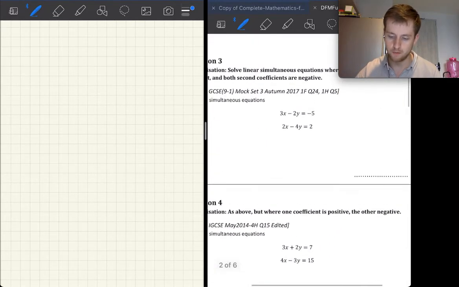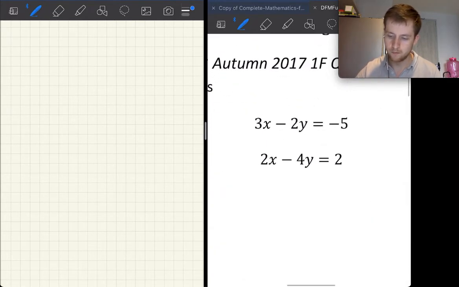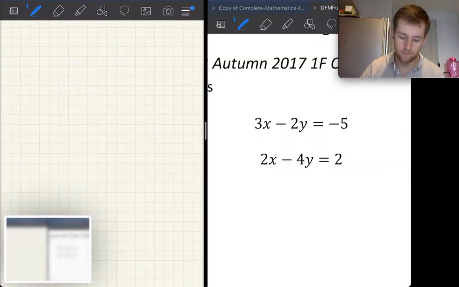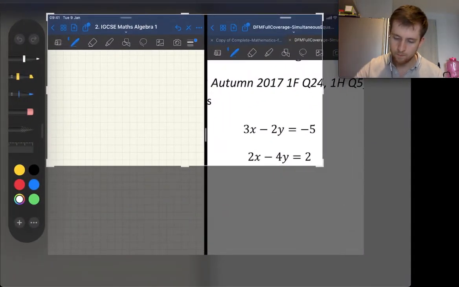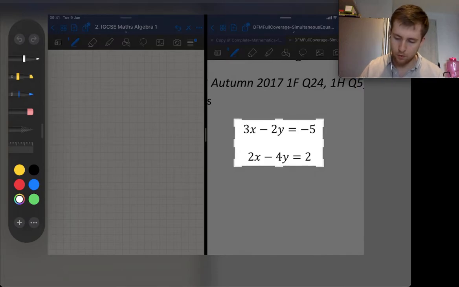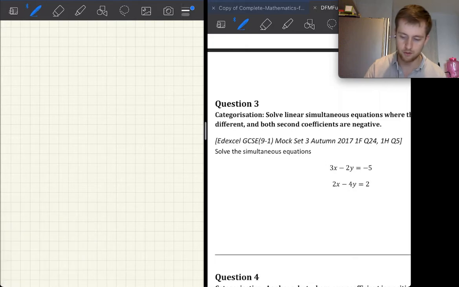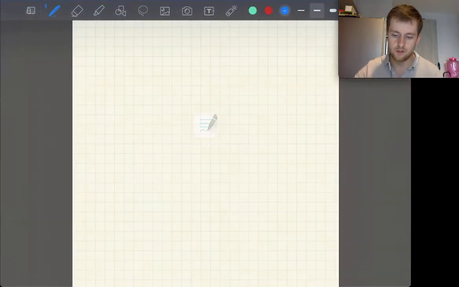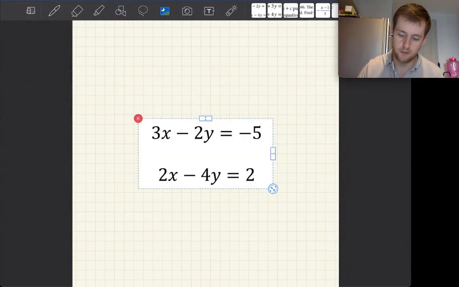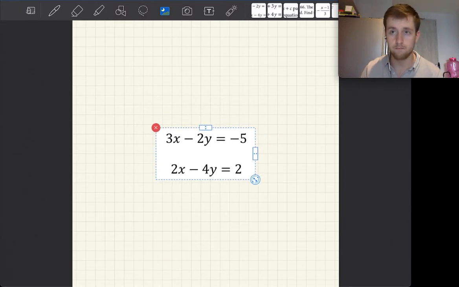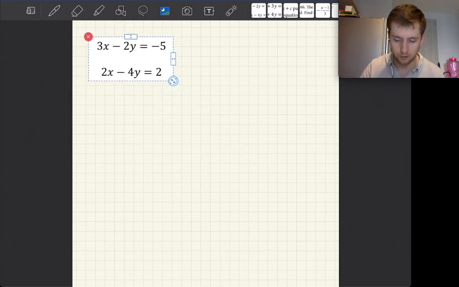Oh, let's do medium difficult. This is probably from an Edexcel paper, Edexcel GCSE. GCSE is the British exam, a bit different from IGCSE, but they're quite close.